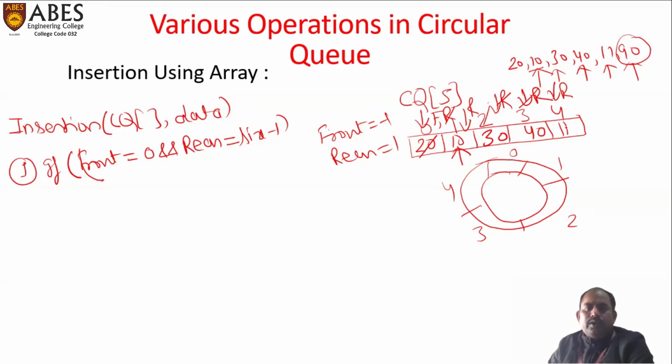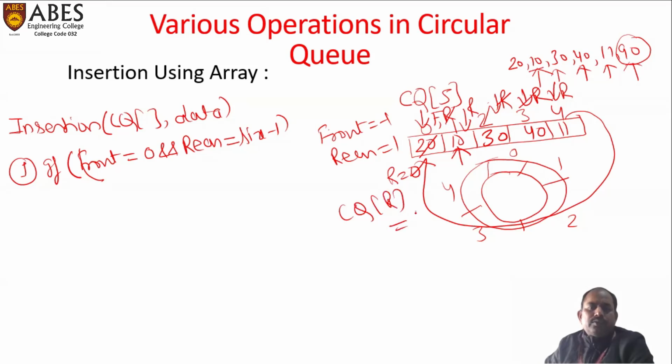What do we do? We set the value of rear again to 0. Rear is set at 0, and we can insert CQ of rear equal to 90. So here 90 is in place of 20 after deleting 20.